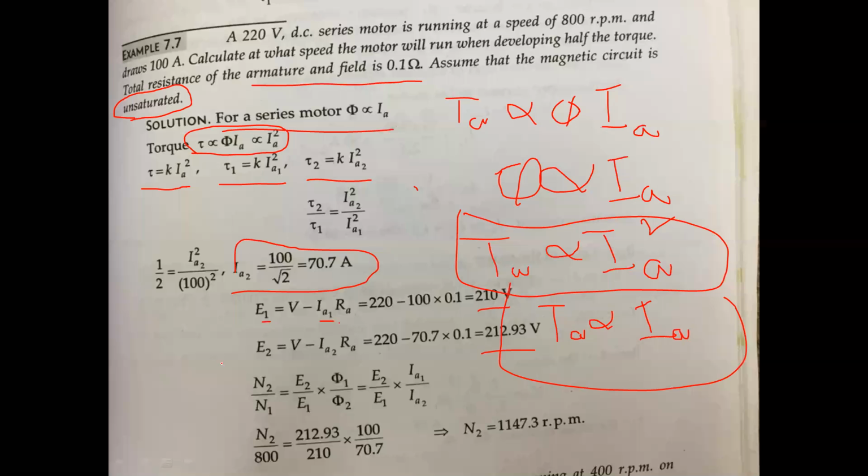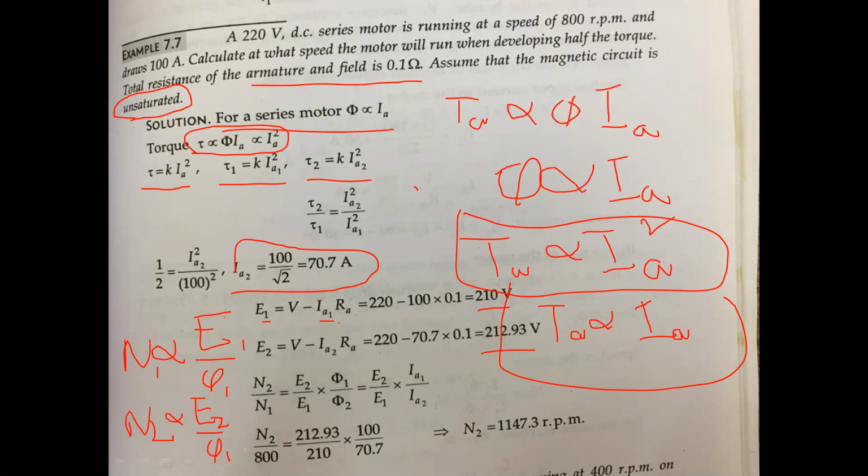So here N is proportional to back EMF by flux. Therefore N1 is proportional to E1 by phi1, and N2 is proportional to E2 by phi2.